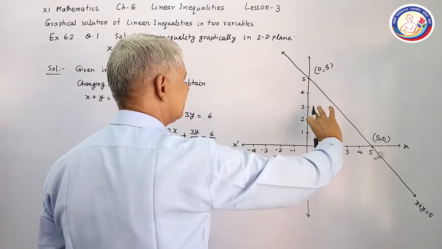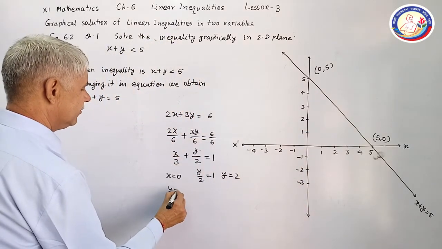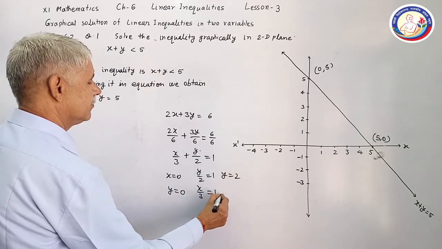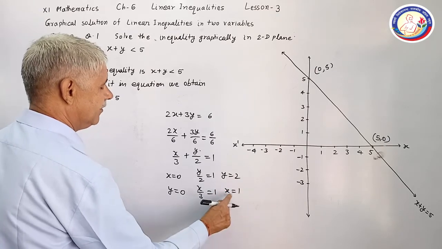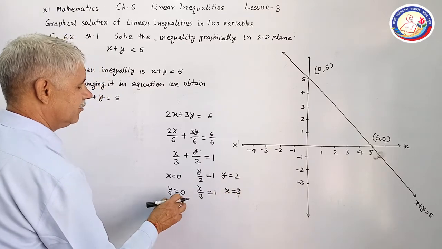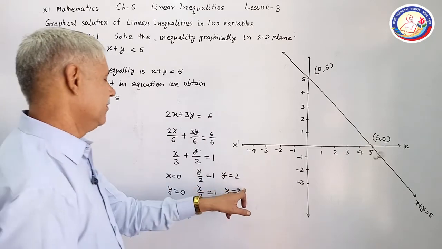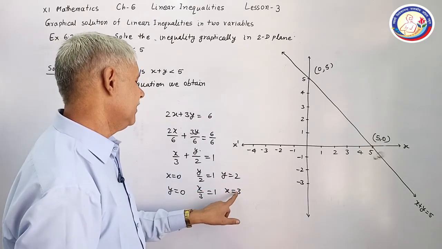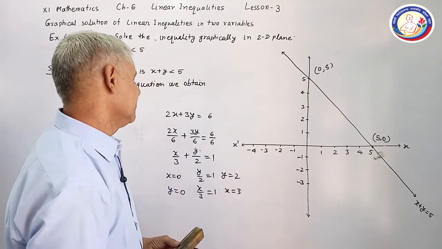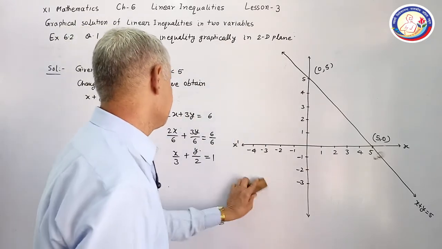Again, y equal to 0, then x upon 3 equal to 1, so x will be 3. This satisfies this equation. So the point of intersection on x-axis by this line will be 3, 0, and on y-axis it will be 0, 2.